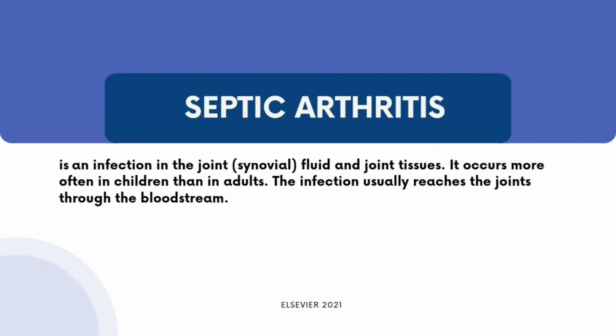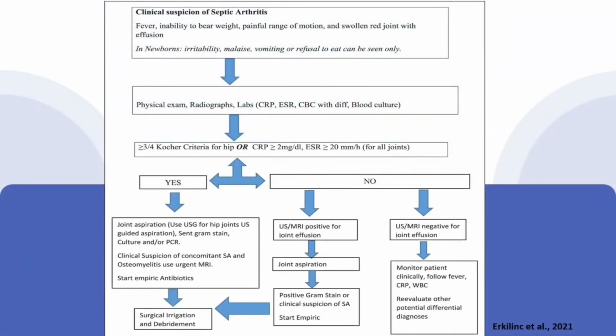Septic arthritis is defined as an infection in the joint, most likely the synovial fluid and joint tissues. It occurs more in children than in adults. The infection usually reaches the joints through the bloodstream. In some cases, joints may become infected due to an injection or injury. Shown is an arrow chart for clinically diagnosing septic arthritis.